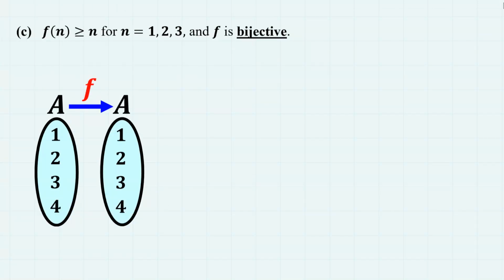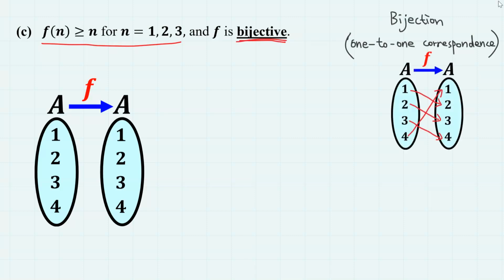Now the third problem, this part is the same as the previous problem, but we have an additional condition that f must be bijective. Here, a function is said to be bijective, also known as a one-to-one correspondence, when each element of either set is paired with exactly one element of the other set.